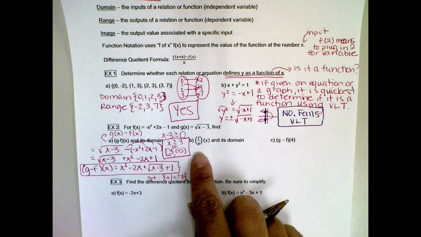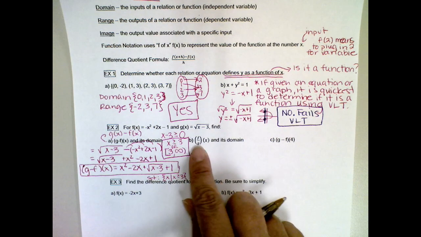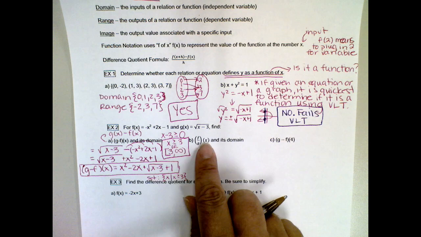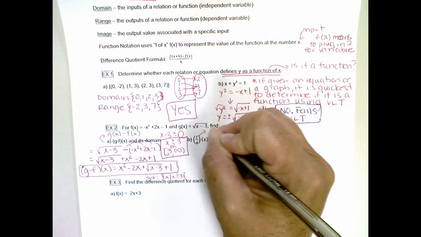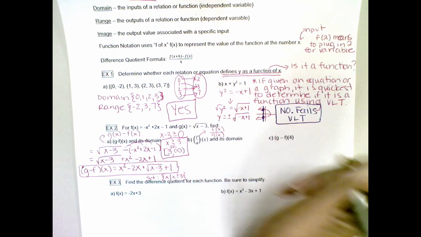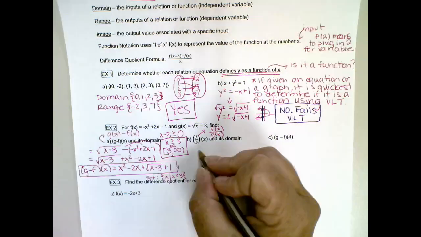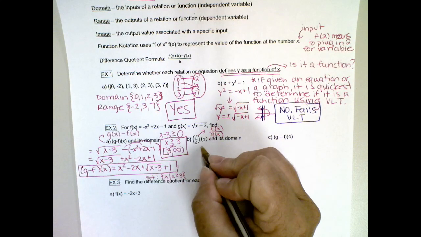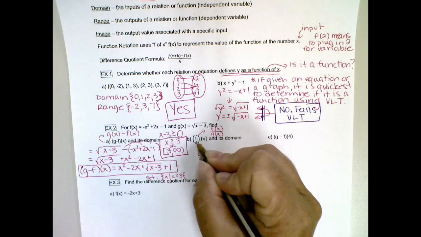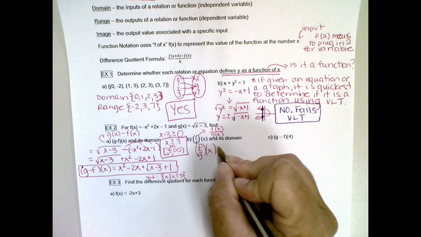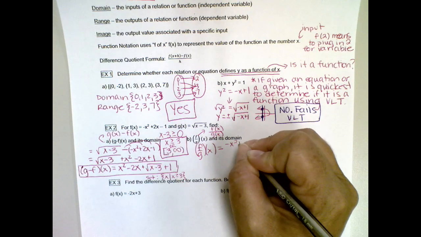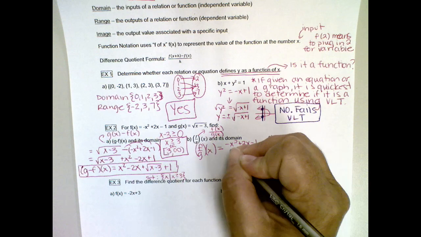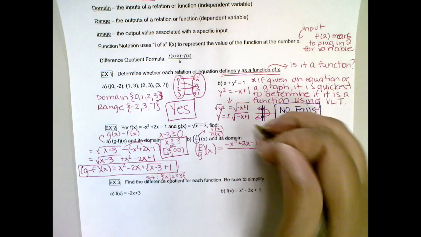All right, if I look at B, this is now asking me to find f divided by g of x. So that's the same thing as f of x divided by g of x. Order is, of course, important. So f divided by g of x is going to equal f of x, which is this guy, divided by this guy.